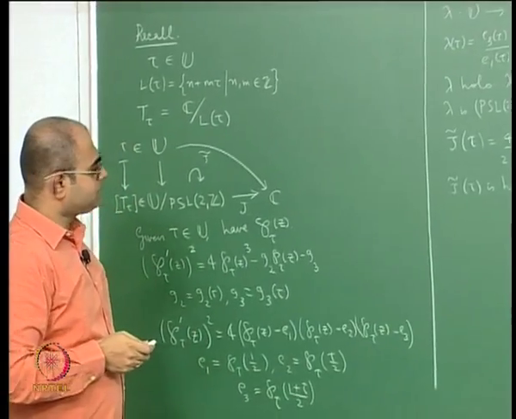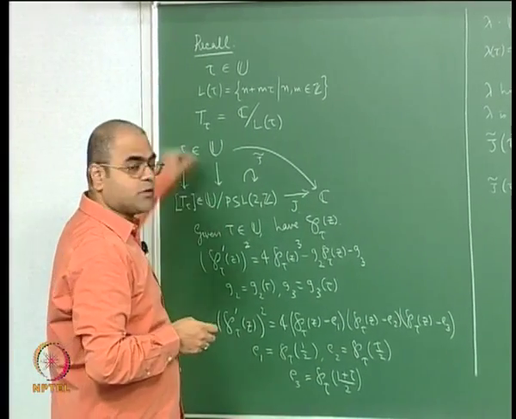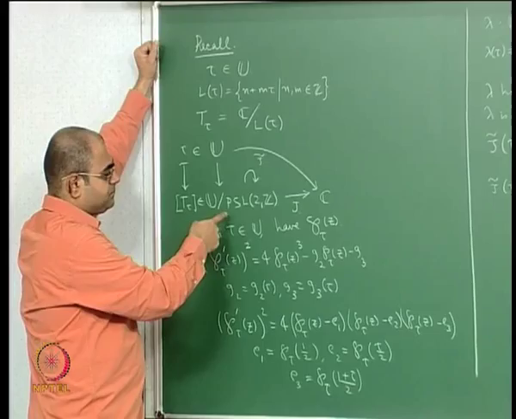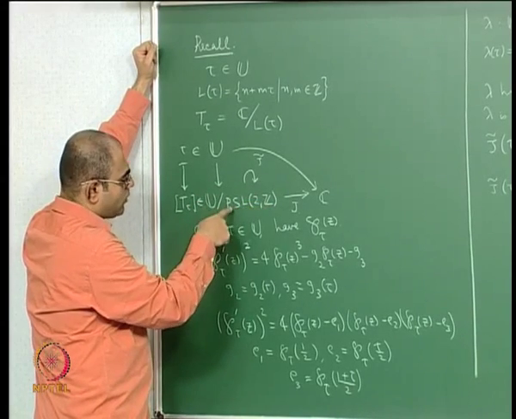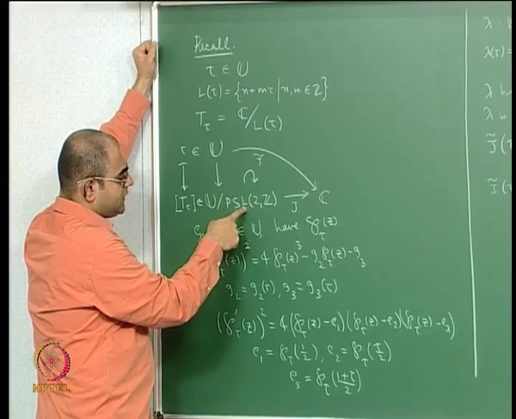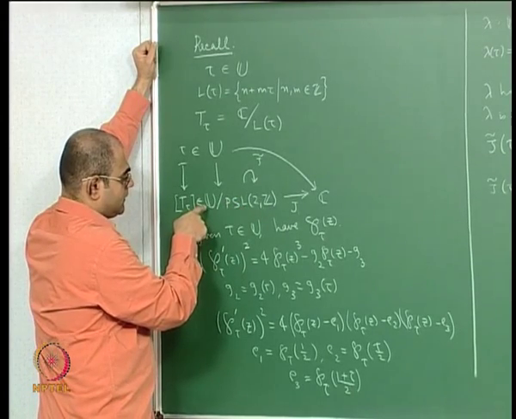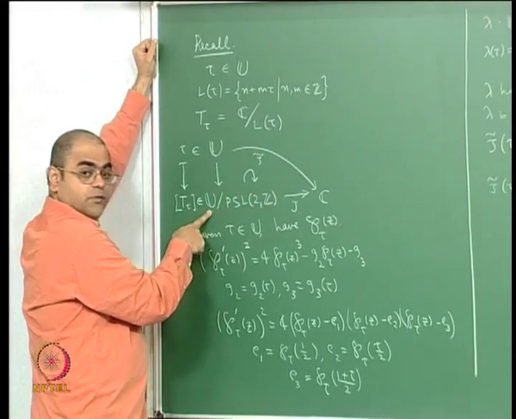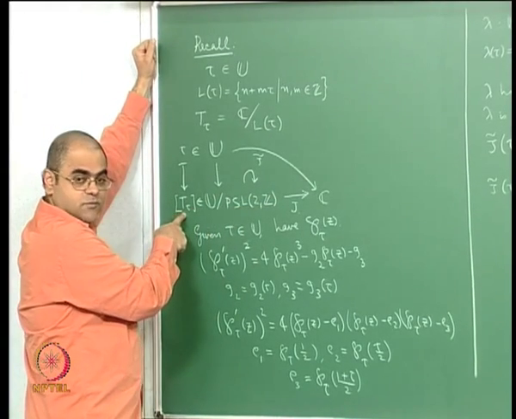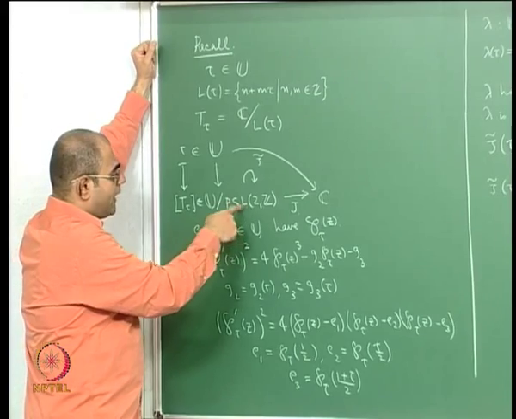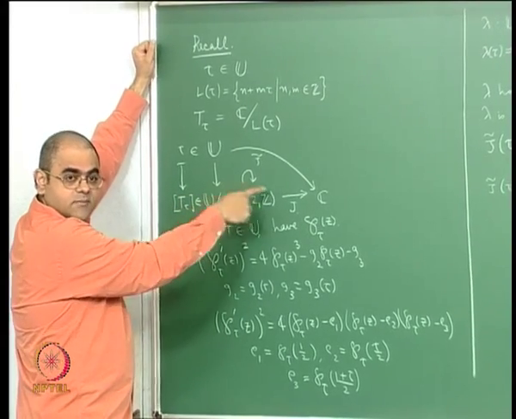What we have already shown, as you can recall, is that the set of orbits of the group PSL2Z in U can be identified with the set of holomorphic isomorphism classes of complex tori, and this is not just a set, this is a Riemann surface.